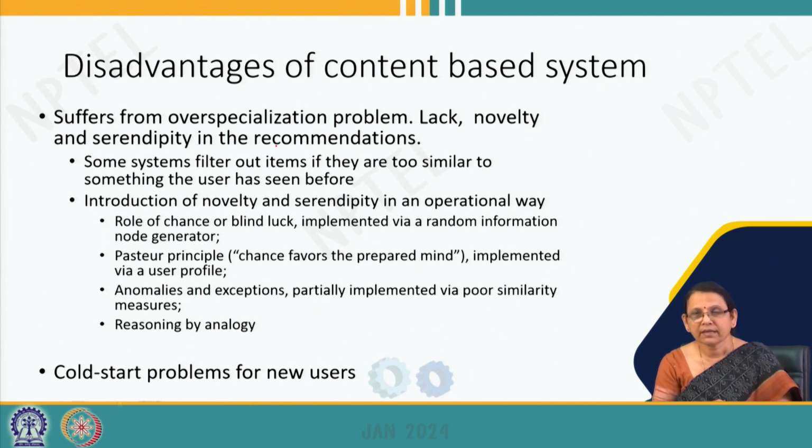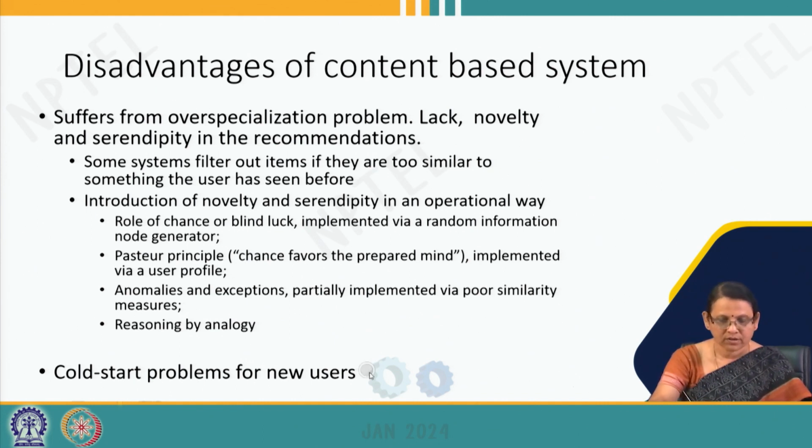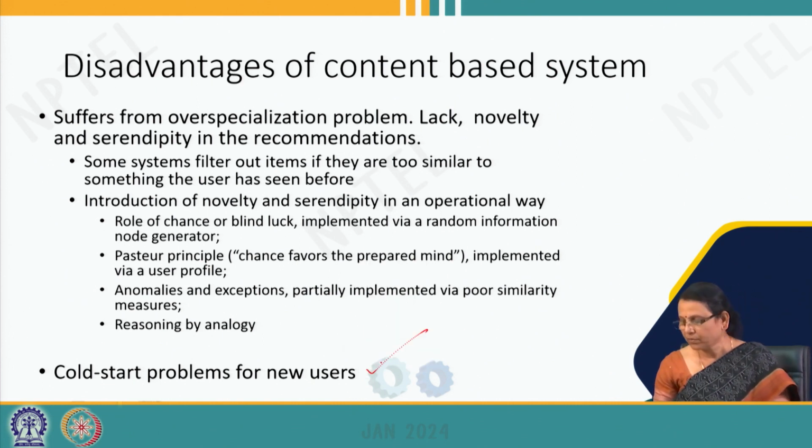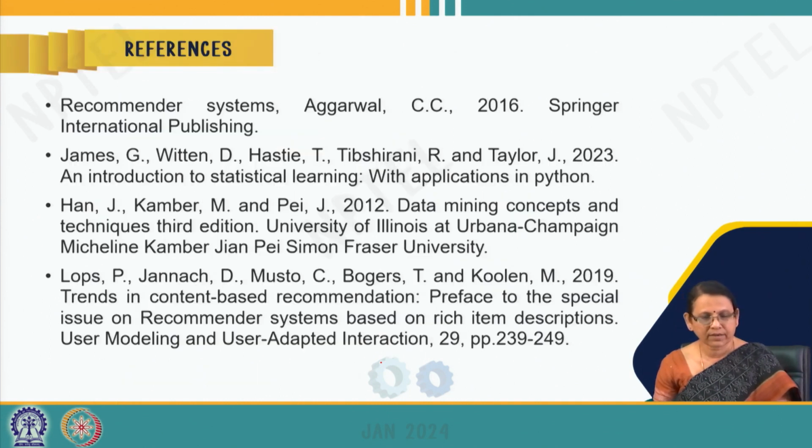So, by including certain random information generator, then implementing something that relates to user profile, implementing poor similarity measures that will capture anomalies and exceptions, and by reasoning you can introduce this. But anyway, as we have already told, it cannot really take care of the cold start problem for the new user.